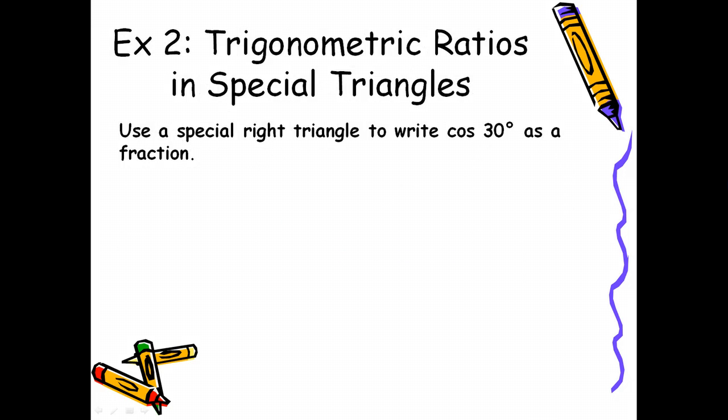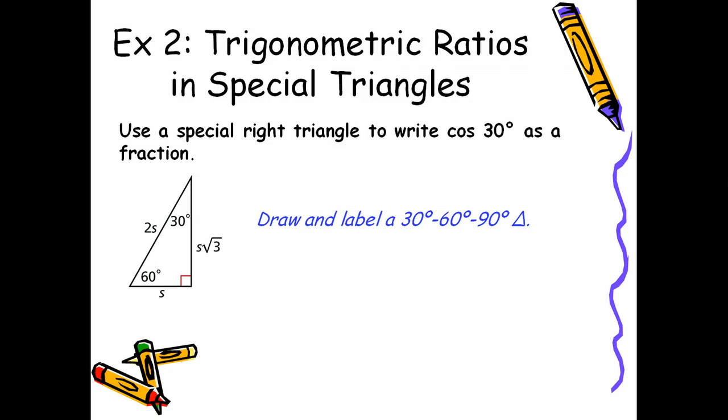In special triangles, remember our 30, 60, 90 triangles and our 45, 45, 90 triangles? We can use a special right triangle to write cosine of 30 degrees as a fraction. We want to draw and label a 30, 60, 90 triangle.